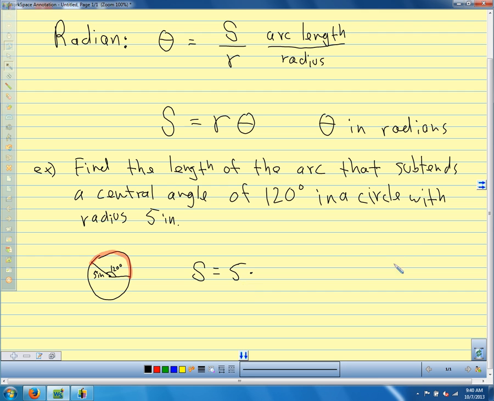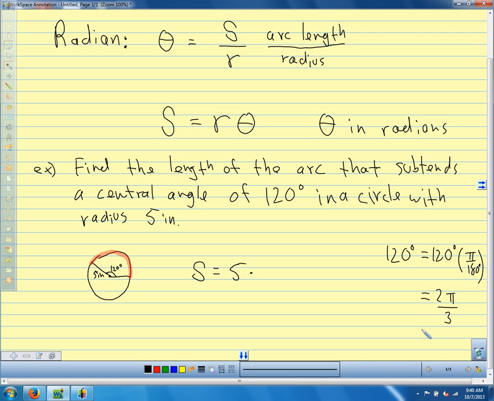So I'm going to go over here and we'll do that 120 degrees. How do we convert that to radians? Times pi over 180. And if I reduce this fraction, 2 pi over 3. So I get 2 pi over 3 radians. 2/3 pi, it's the same thing.